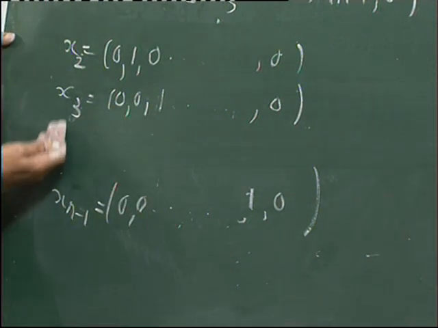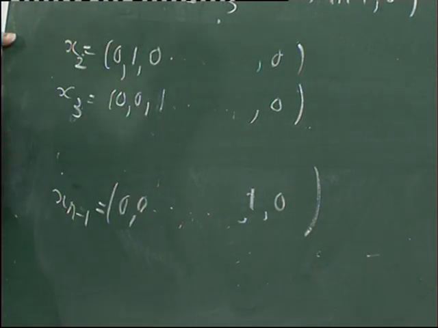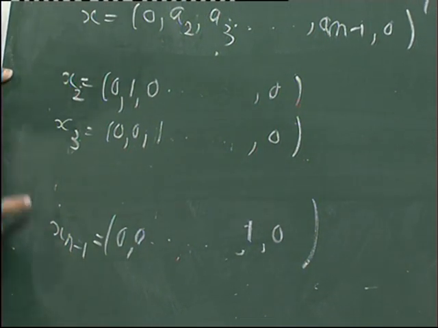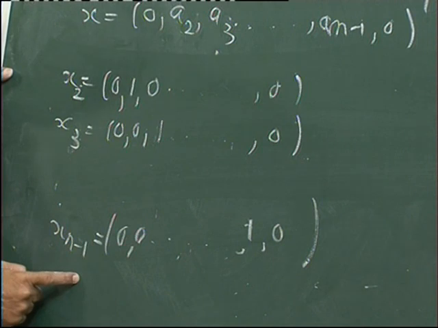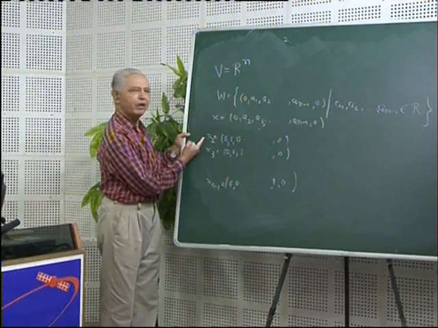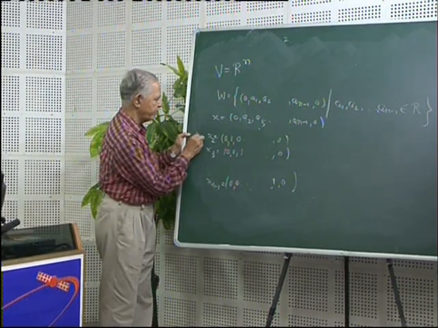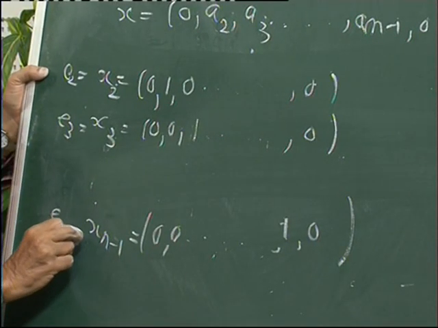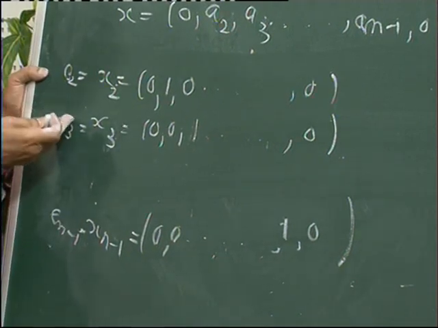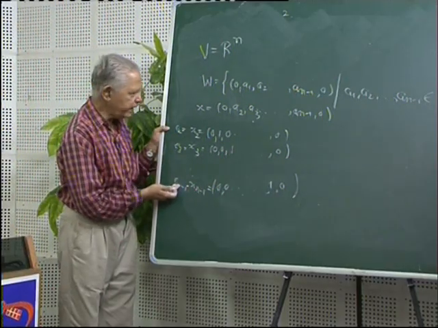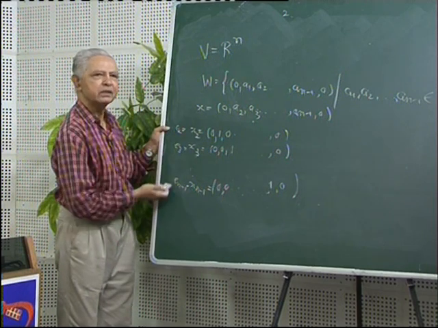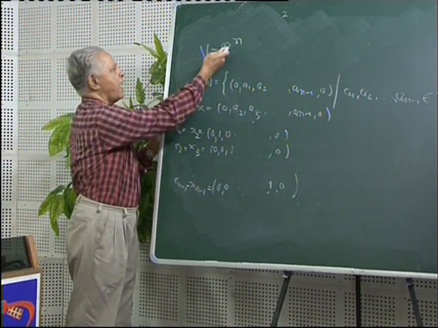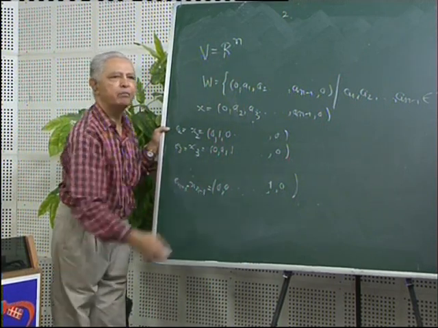So, what we can say is, we can show that each vector can be expressed as a linear combination of these vectors. Also, this is nothing but our vector E2, this is E3, and this is nothing but E_{n-1}. So, E2, E3, ..., E_{n-1} are linearly independent. How many are there? n minus 2. So, W is a subspace of R^n with dimension n minus 2.